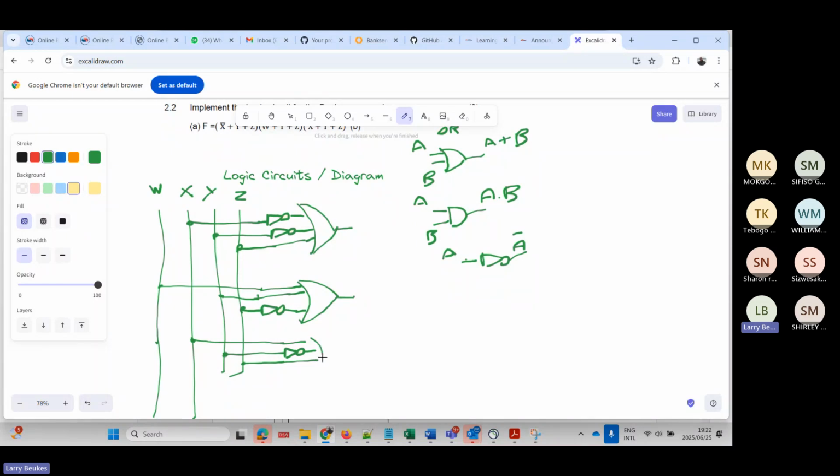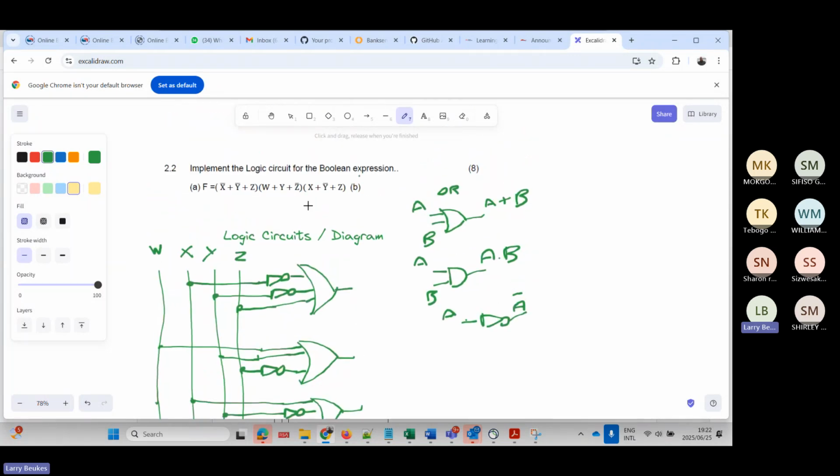Then we simply have a 3-input OR gate. All right, then it will give us this.